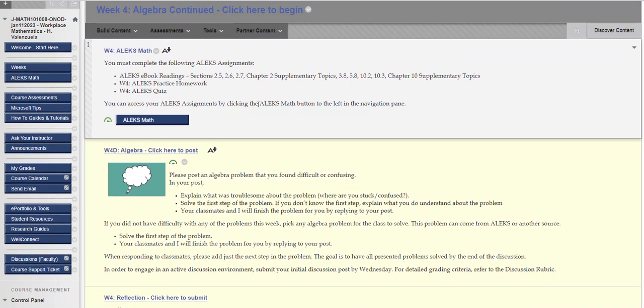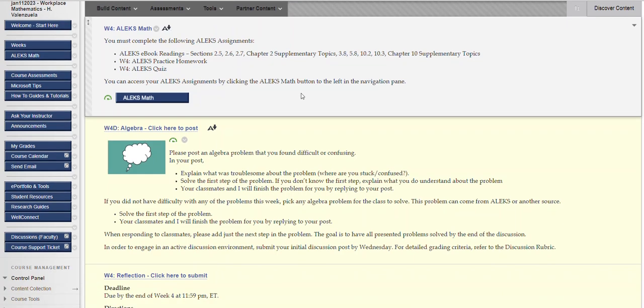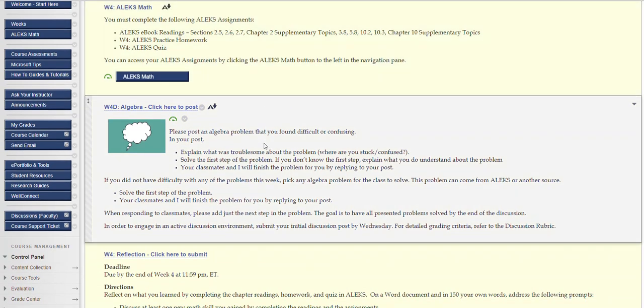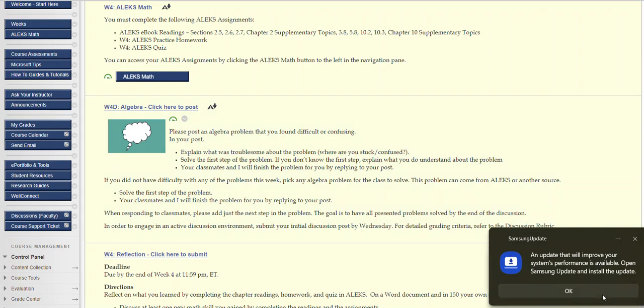If you look for a problem on the internet, make sure that you cite it. Use APA citation rules, noting where you found it, the source of the problem, just to make sure that you're giving credit to the original source or author of the problem that you're listing in the discussion.